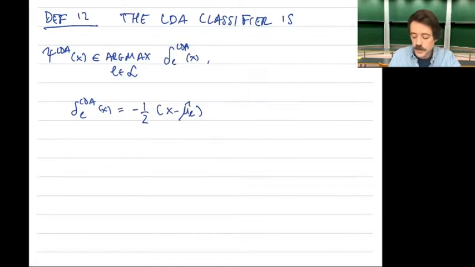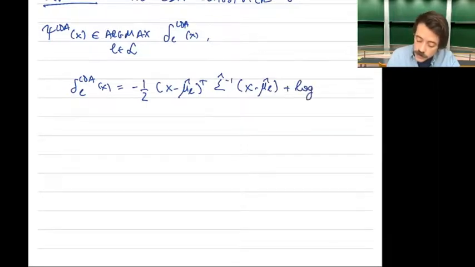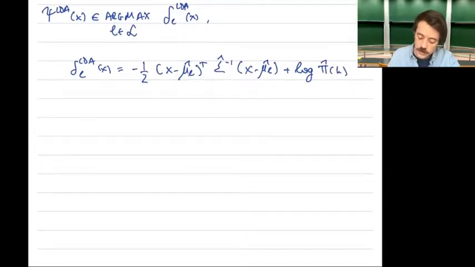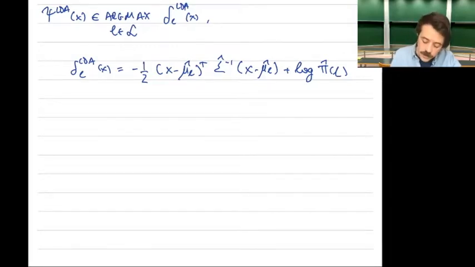Well, we need some estimates of the means. Then we also need an estimate of the covariance. And we also need an estimate of the marginal. No, that shouldn't be a K, that should be an L. Okay.